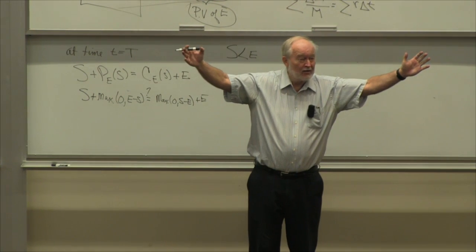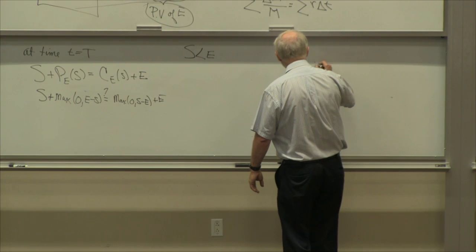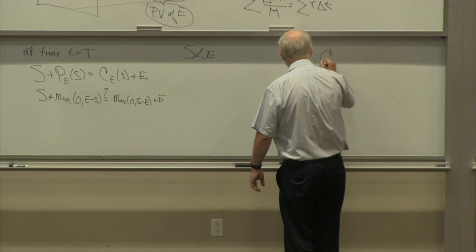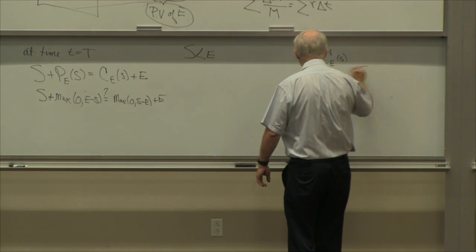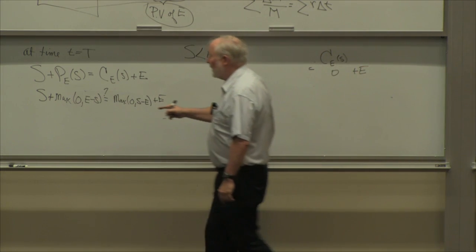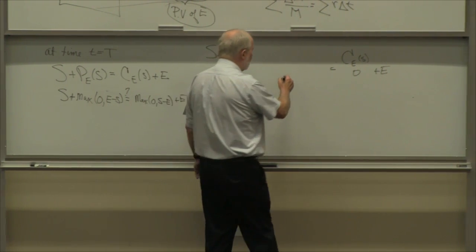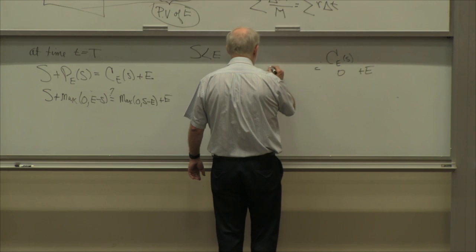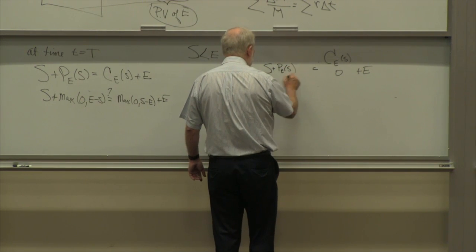Nothing. Ignore it. So if S is less than E, my call is going to equal 0, and I'll have E dollars here. On the left-hand side, I'll have S plus P of E of S.